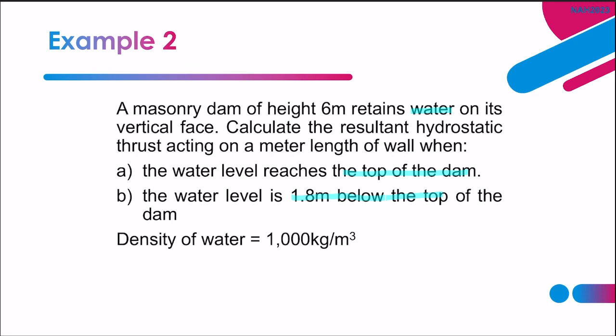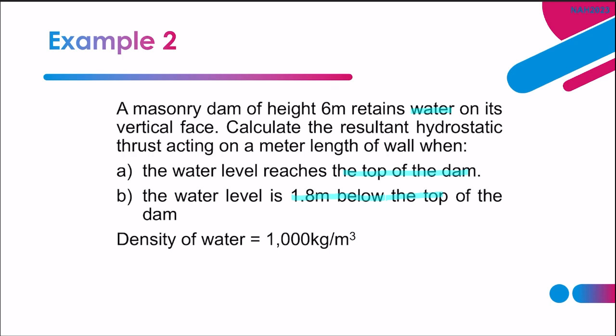Right? So, kalau dia reach top of the dam, meaning that kalau height tu 6 meter, the water will reach 6 meter lah. And for B, meaning that 6 meter minus 1.8 meter.